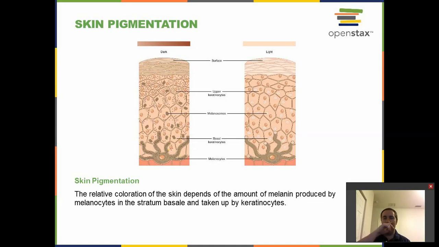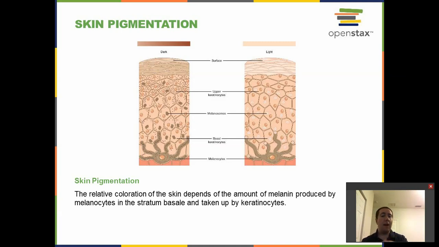Let's come back to the question. Somebody asked, how does the sun affect our skin color? Looking at this figure, what do you think happens when we get tanned? Do the melanocytes just kind of rise to the surface? Melanocytes cannot move. They're stuck in the stratum basale.